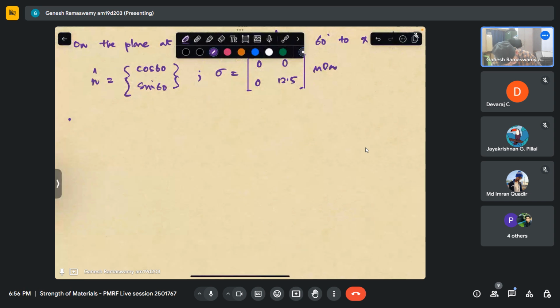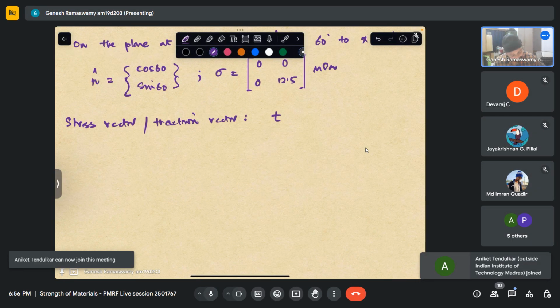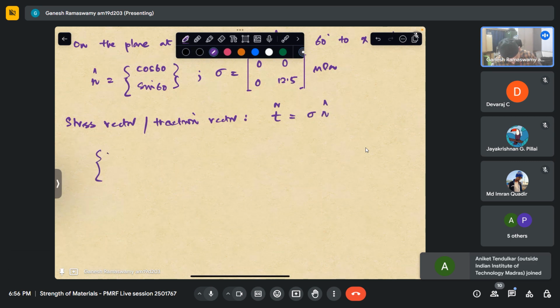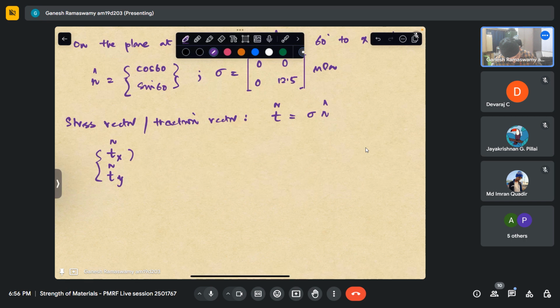So the traction vector, or stress vector, is given by sigma n. So I have traction on the plane n along x, traction on the plane n along y.